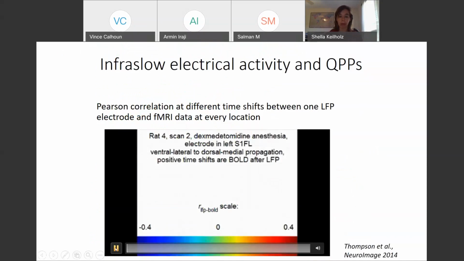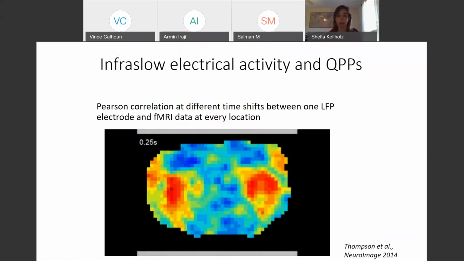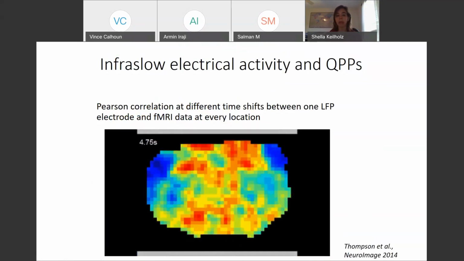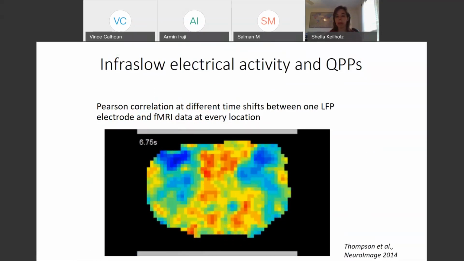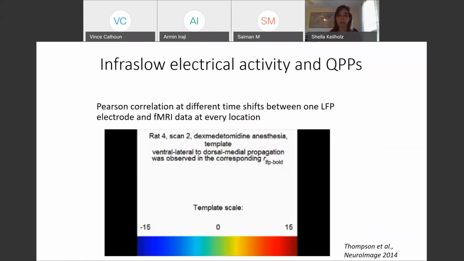So this is what that looks like. This is the correlation between an electrode and every voxel in the brain at different time lags. You see it starts negative, becomes positive in the medial areas, then lateral areas, and they sweep towards the medial areas. And then there's a following wave of these lateral areas, negative activation again.